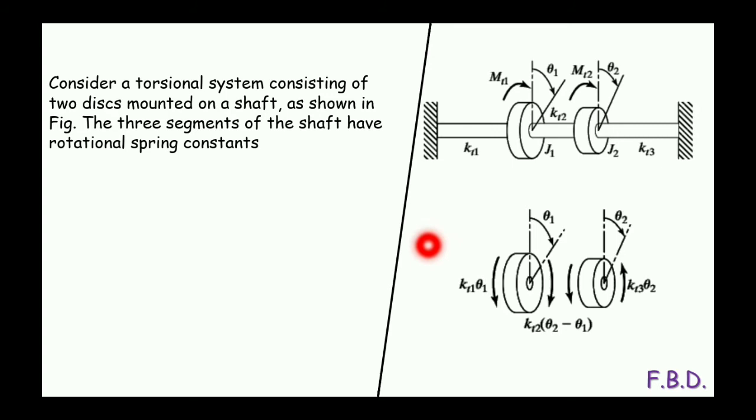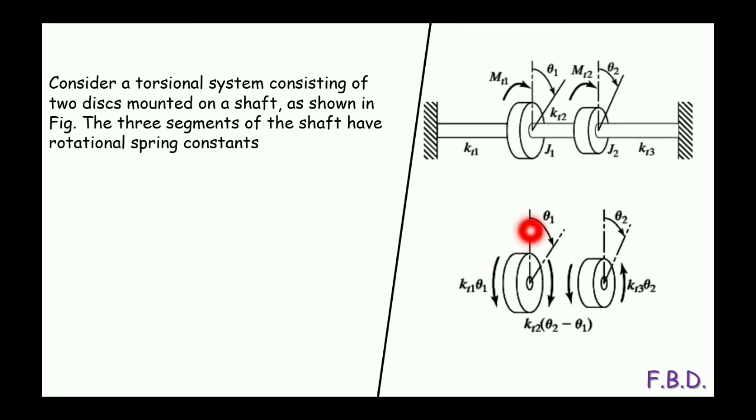Along with that, there is a resisting force because of shaft segment 1, which is KT1 theta 1. Similarly, there is an opposite directional force which is KT2 (theta 2 minus theta 1). This is for disc 1 when disc 1 is displaced by an angle theta 1.